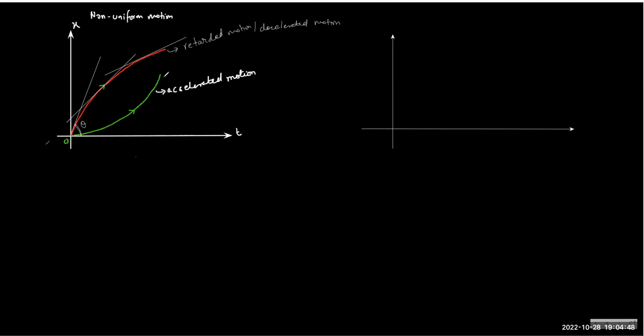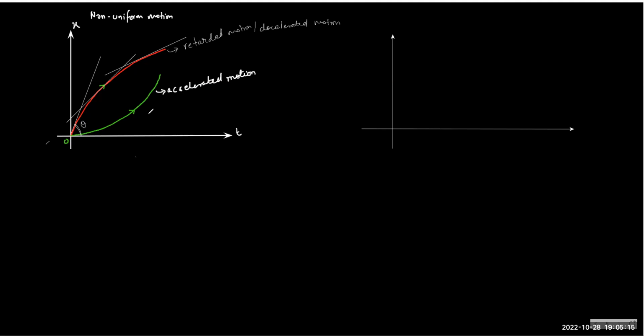If you draw a tangent anywhere on either graph, the slope will be positive or negative. In the red graph, are we going to get a negative slope anywhere? No, sir. Slope is always positive, yes or no?